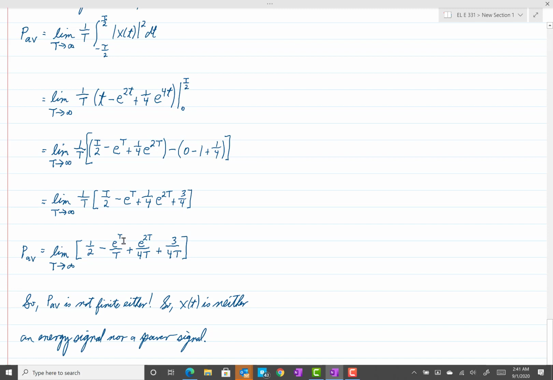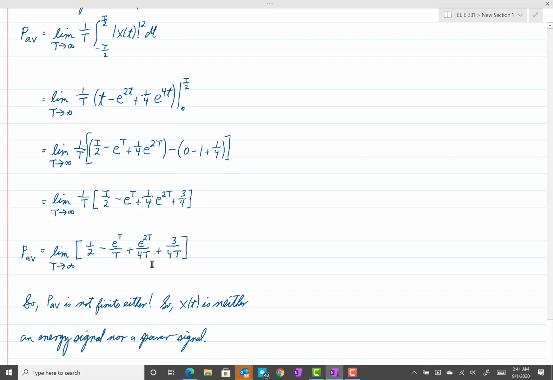But the e to the T in the numerator is getting big much more quickly than the denominator is getting big, and therefore these terms are blowing up. This would go to positive infinity, and in fact, it's going to positive infinity very quickly. This one's going to negative infinity because of this negative sign, but this is the dominant term. So overall, this is going to positive infinity.